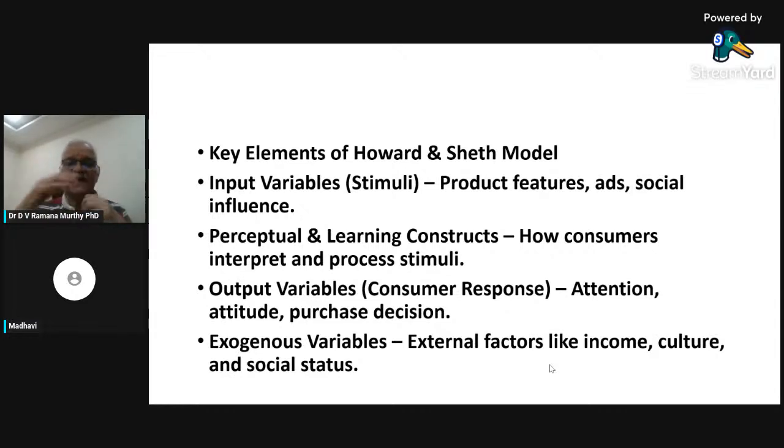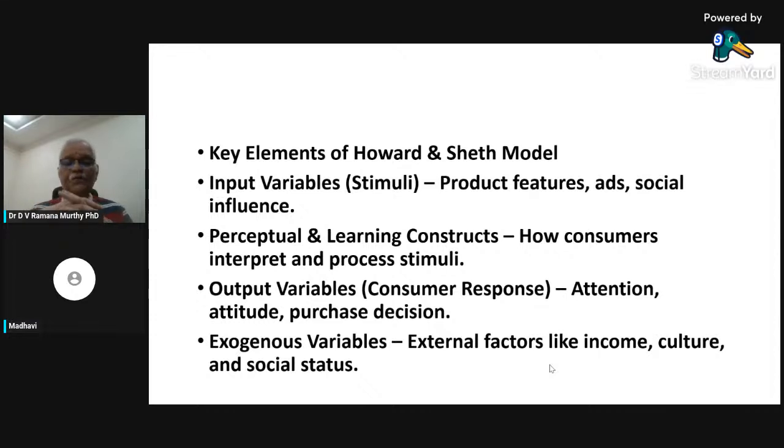Stimulating is okay, but how the consumers respond to it is a major concern, isn't it? It's called the stimulus response cycle. So perceptual and learning constructs is how consumers interpret and process stimuli. They look at product advertisements and celebrity advertisements, scan all the product features and learn how this product works for them. That is the perceptual and learning construct.